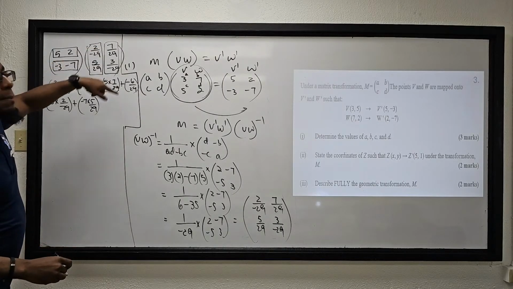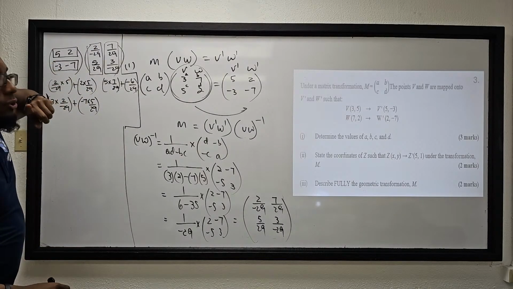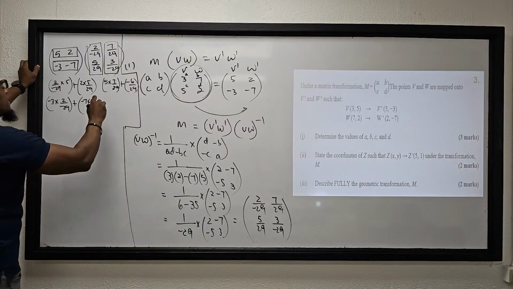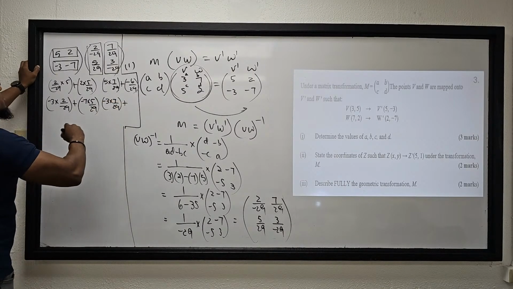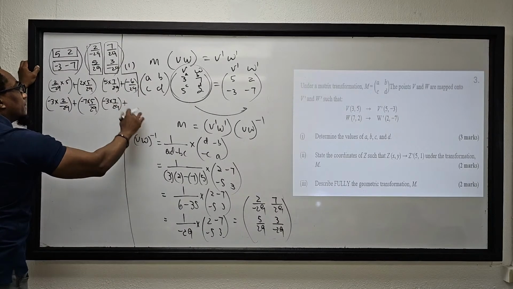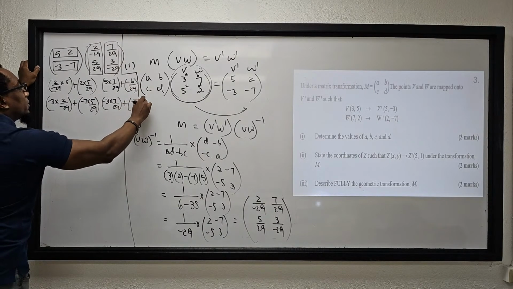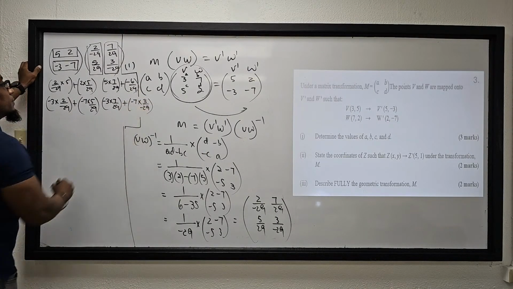Then second row by my second column: negative 3 by 7 over 29, plus negative 7 by 3 all over negative 29.